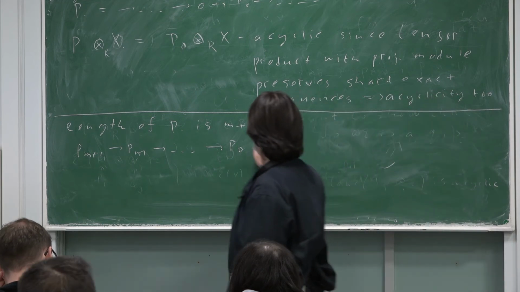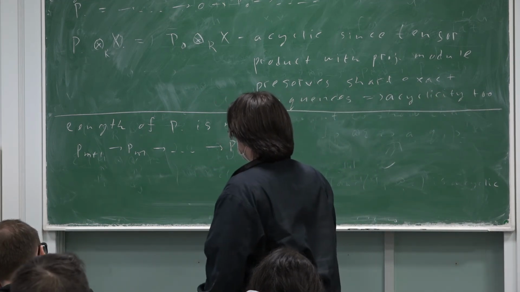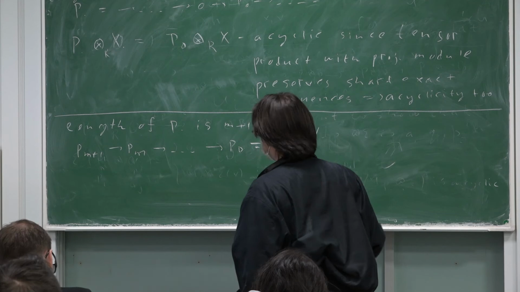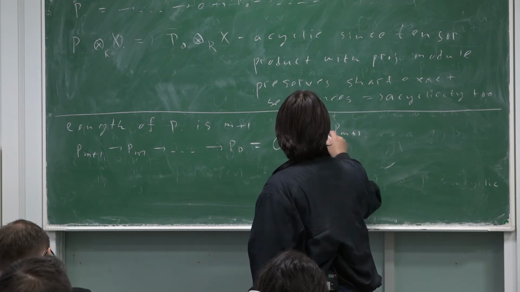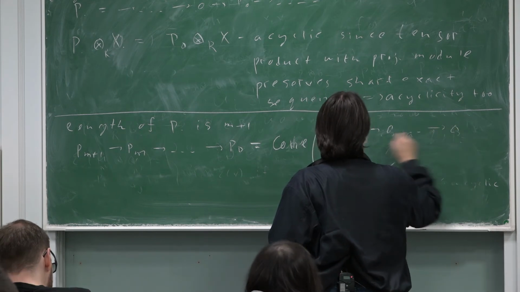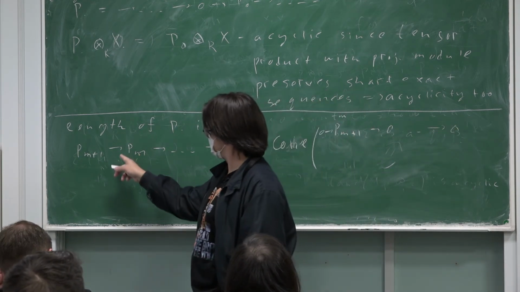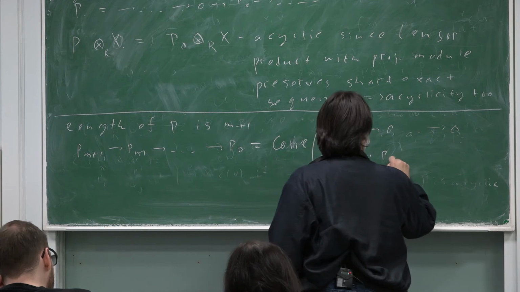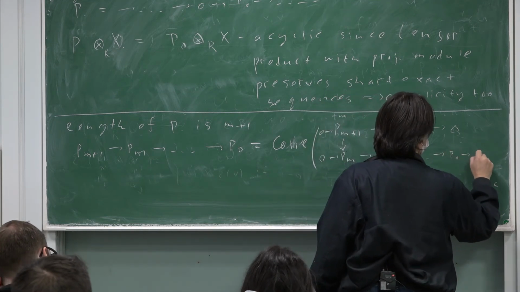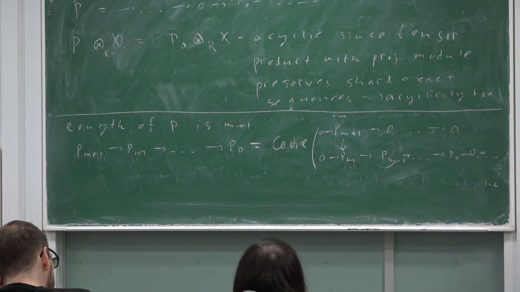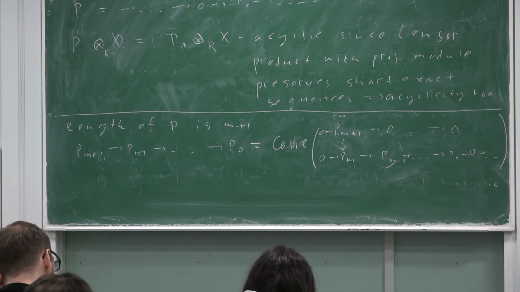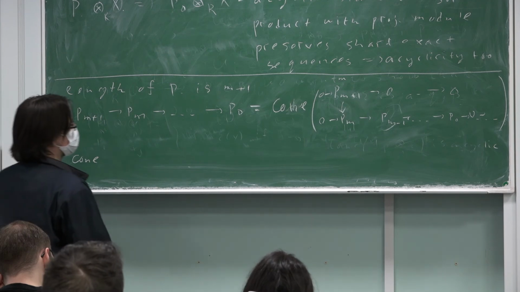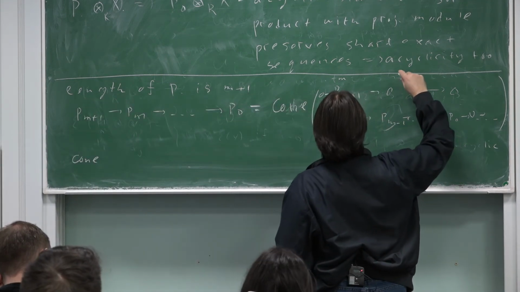And in this case, we can use the fact that it is the cone of the following map, of the complex that has P m plus 1 in the (m plus 1)th degree and the complex that we obtain by cutting P m plus 1. And we again use the trick of the cone.